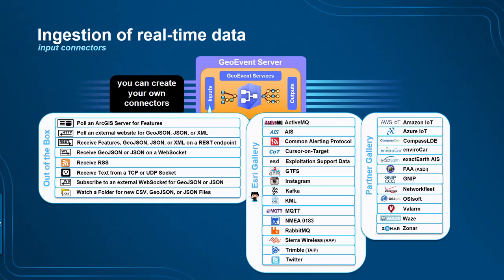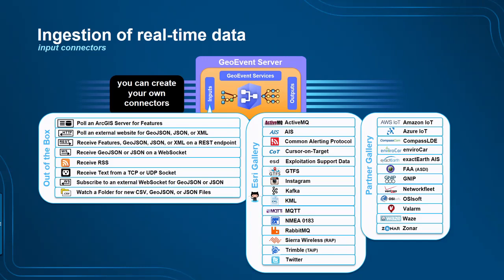CAP, which is a common alerting protocol, which is used for emergency management. We also have connectors for in-vehicle GPS, which is Sierra Wireless and Trimble. In addition to this, we also have a GTFS connector, which was released as a 10.5 release. We'll take a look at that in the first demo.